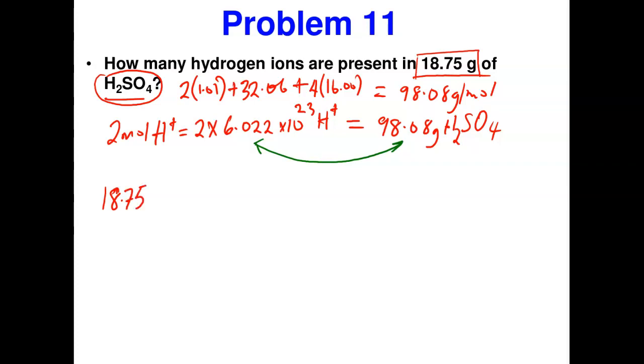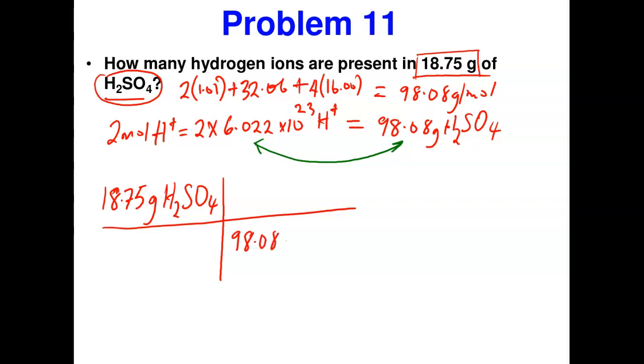It's going to be 8.75 grams of H2SO4, which we multiply by this, of course, because we want to cancel grams of H2SO4. So this is 98.08 grams of H2SO4 under.